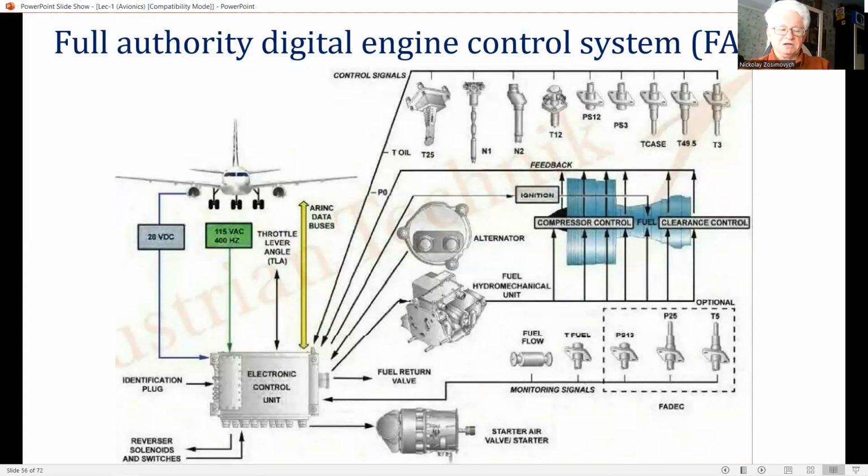This automatically controls the flow of fuel to the engine combustion chambers by the fuel control unit to provide a closed-loop control of engine thrust in response to the throttle command. The control system ensures the engine limits in terms of temperatures, engine speed, and acceleration are not exceeded, and the engine responds in an optimal manner to the throttle command.